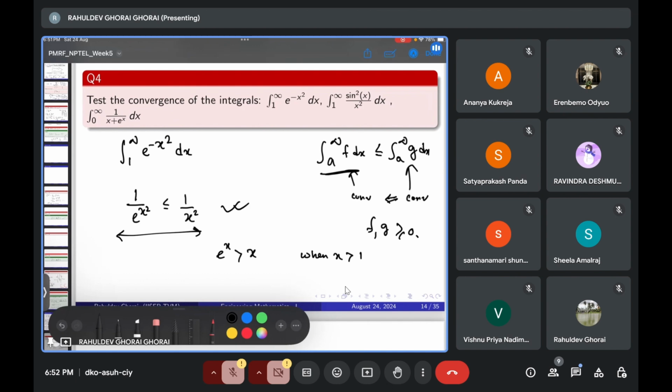So till now, what we know is that e to the power x is greater than x plus 1, right? We don't know yet whether e to the power x is greater than x or not.